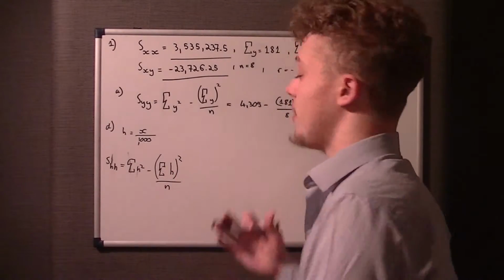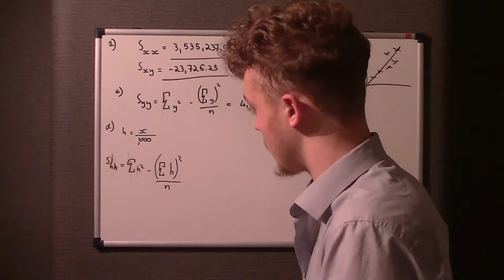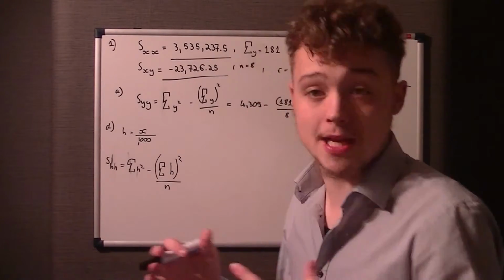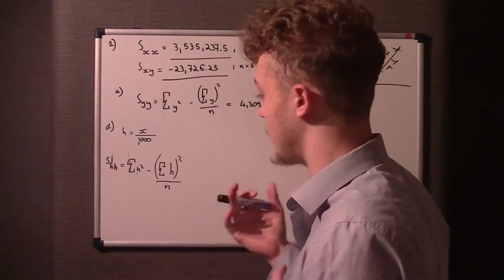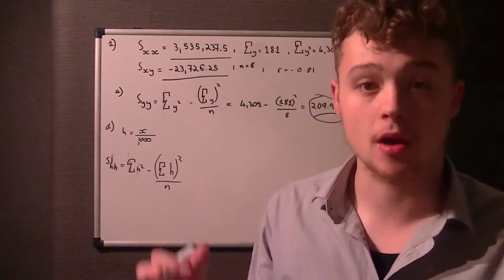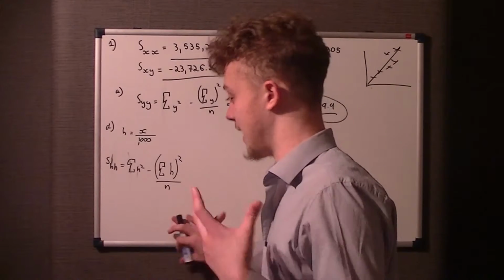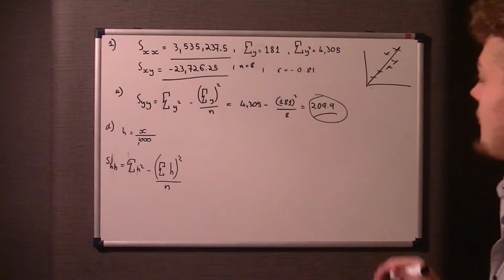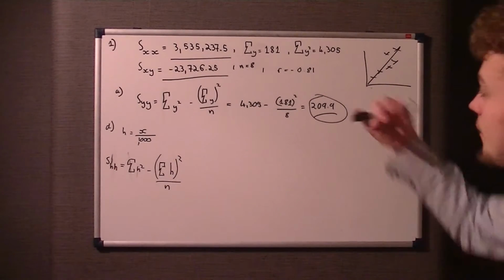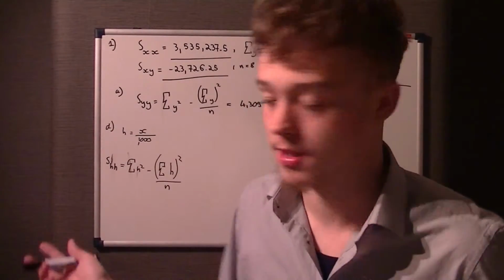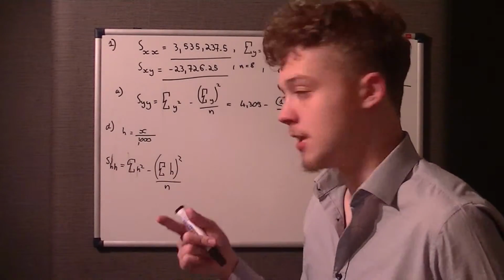We need to put that in this equation somehow, because we know H is equal to X over 1,000. So we've got to put this in the form of SXX, because we don't have any other X values. We don't have the sum of X, and we don't have the sum of X squared. So obviously we've got to relate this to SXX.